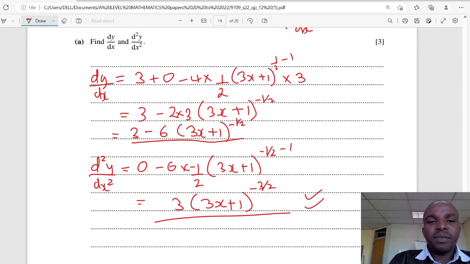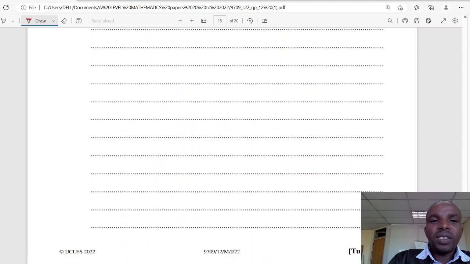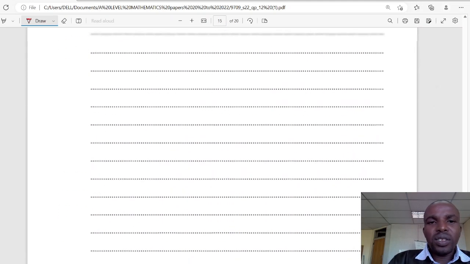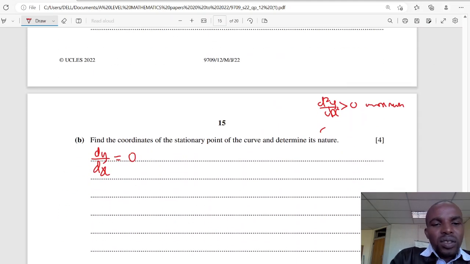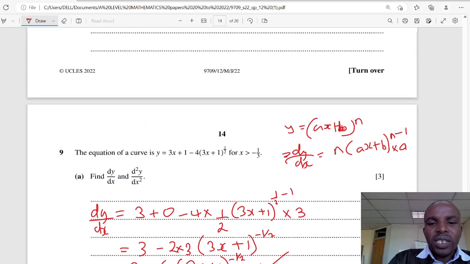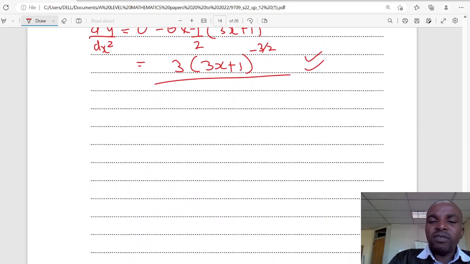Dy dx is what here? Is this one: 3 minus 6, 3x plus 1 to the power negative half.